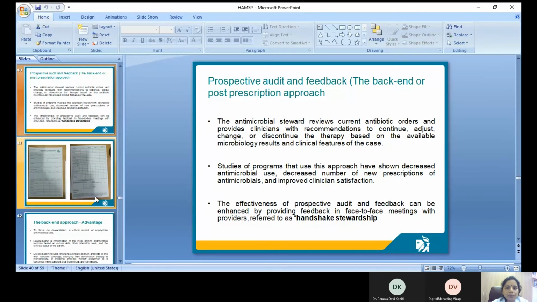Studies of programs that use this approach have shown decreased antimicrobial use, decreased number of new prescriptions of antimicrobials, and improved clinician satisfaction. The effectiveness of prospective audit and feedback can be enhanced by providing feedback to the provider by face-to-face meeting or with handshake stewardship in the meeting.